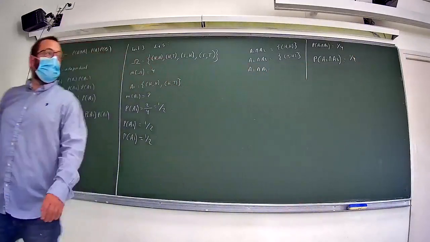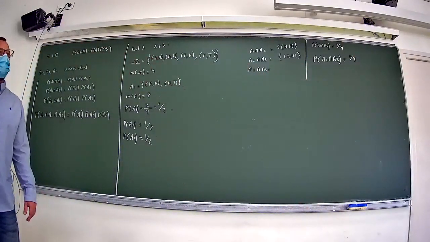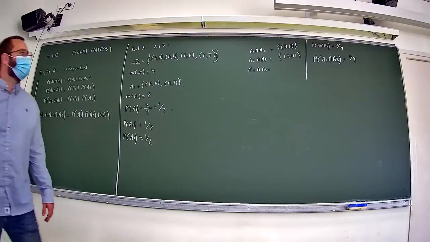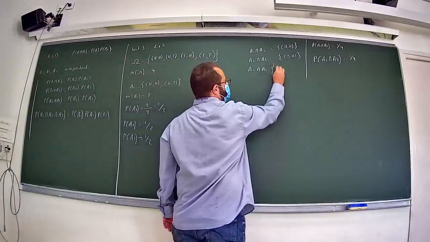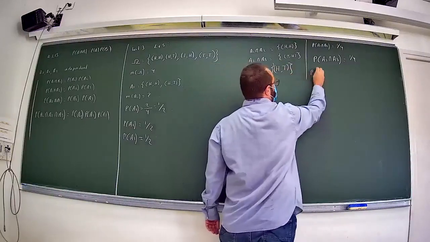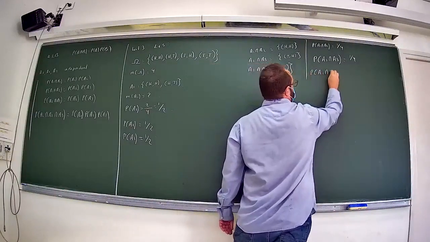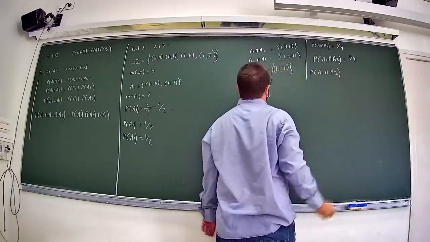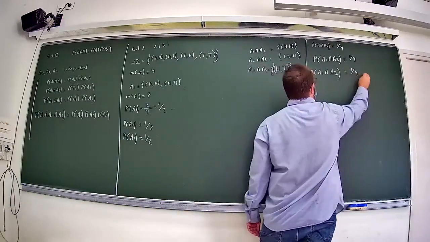And for the last, head on the first and exactly 1. It means that it is this one, head tail. And once again, the probability of A1 intersected with A3 is equal to 1 over 4.